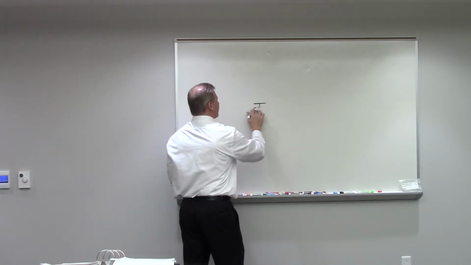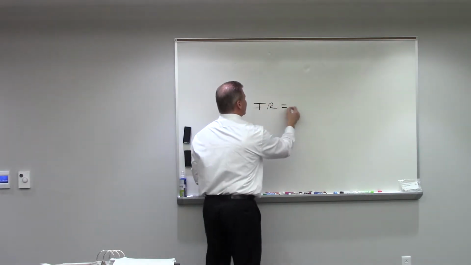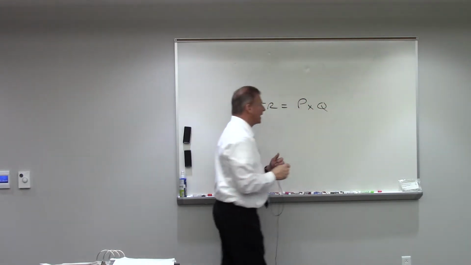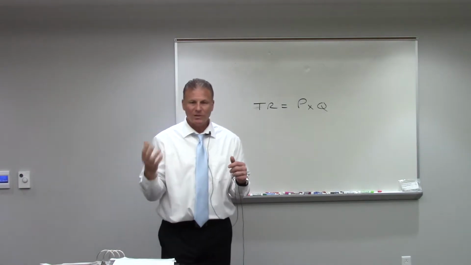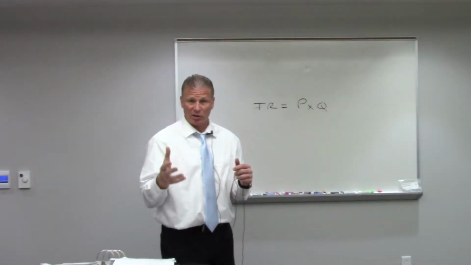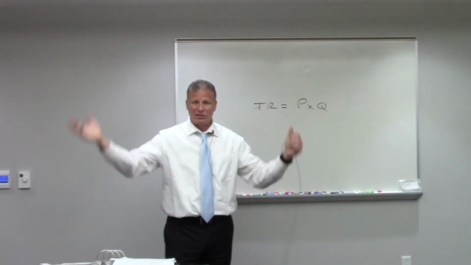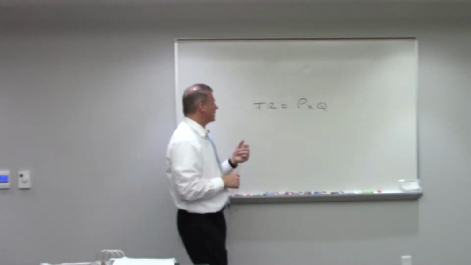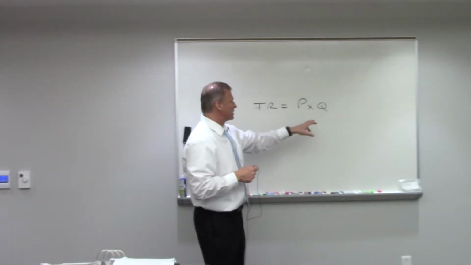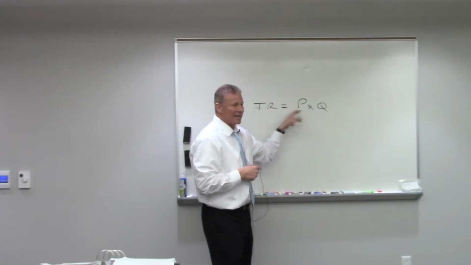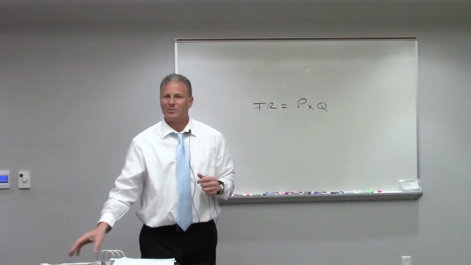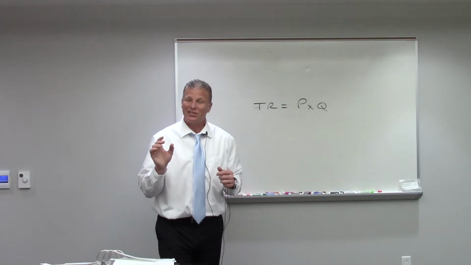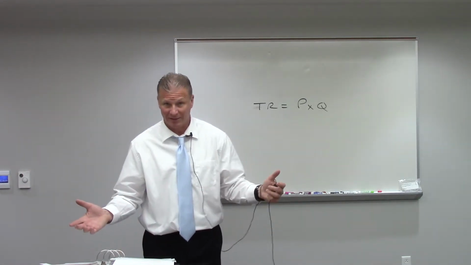Total revenue equals P times Q, price times quantity. When we were looking at competition, we were looking at milk. Everybody's producing milk, lots of distributors, warehousers, lots of cows out there, farmland. Remember, the only flexibility you had really was with quantity. You were price takers. Things are a little bit different when it comes to monopolies. Monopolies are price givers. They set the price. They'll tell you what it is.